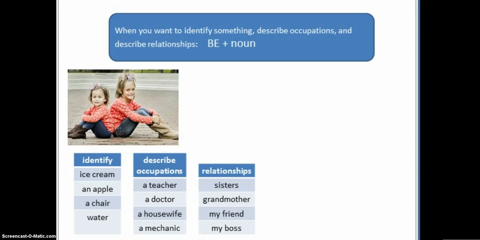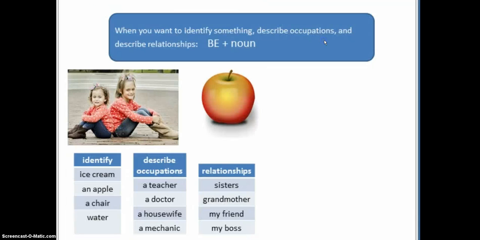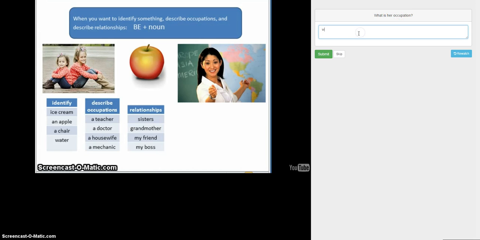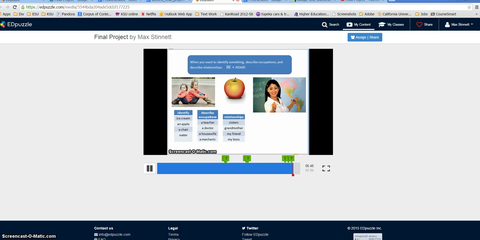And then it goes on to the next one, and I think it says to identify something, and they're supposed to write the sentence there. And then finally, I forgot what the last one was. Last one is this young lady's occupation. What is her occupation? Okay. And that completes the instructional video.